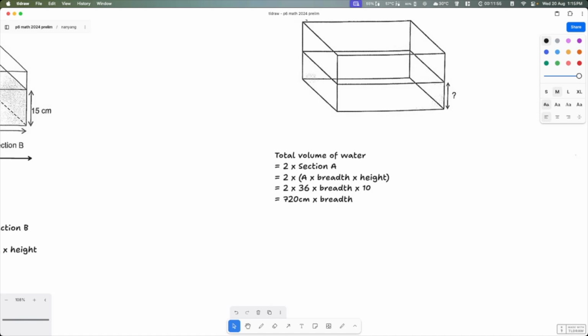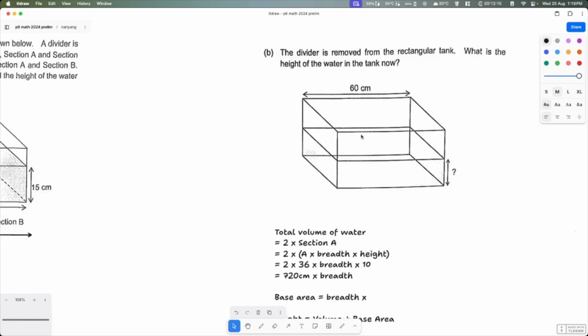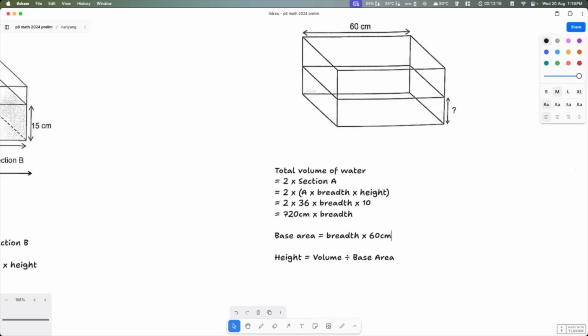We know that the height is equal to volume divided by base area. The base area is breadth times 60 centimeters.